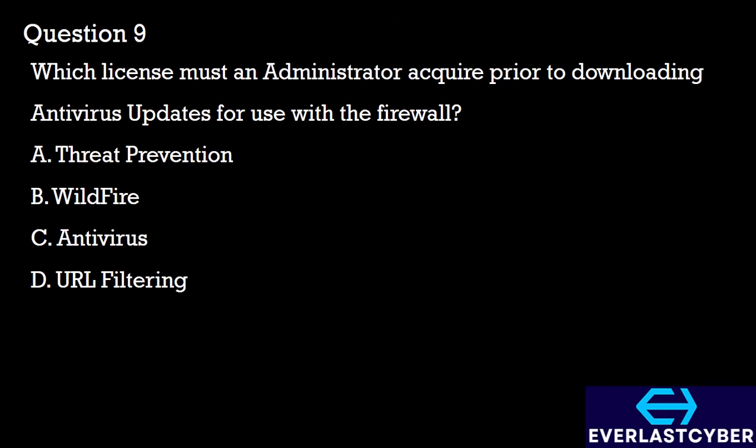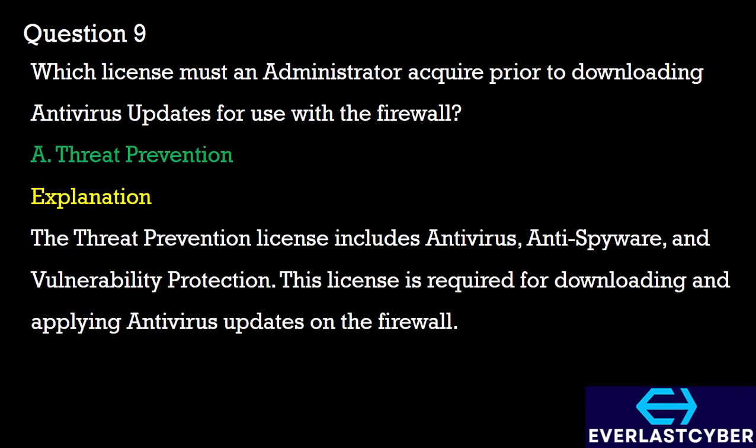The URL filtering license is used for categorizing and controlling access to websites, but it is not related to antivirus updates. So our answer here is option A, threat prevention. This license enables a firewall to receive updates that help to protect against known threats, including viruses.